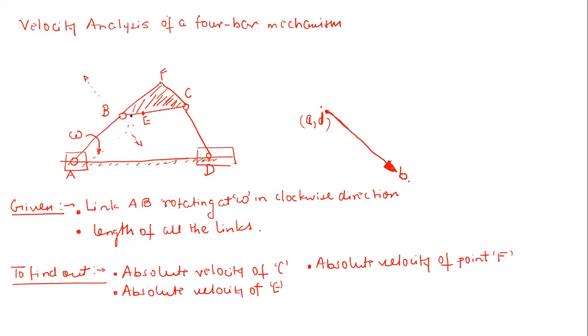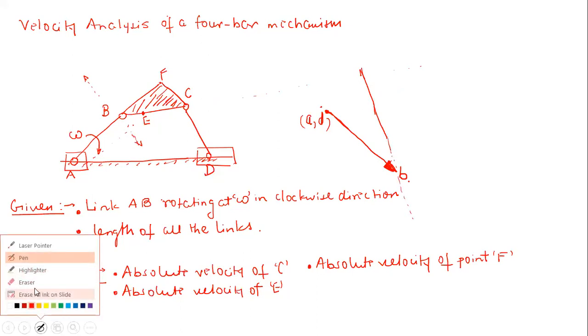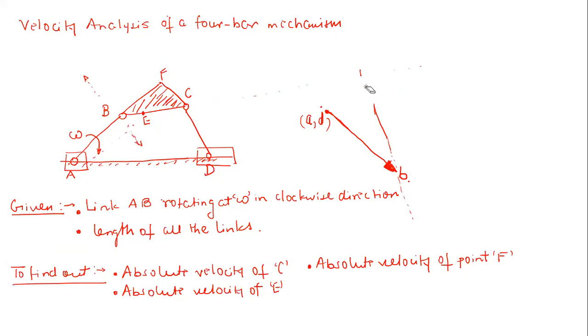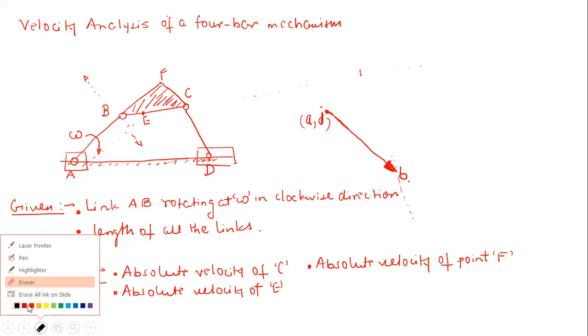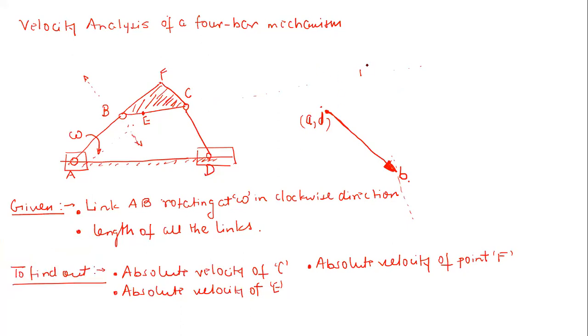And then draw a line which is perpendicular to BC. So let me draw this. This is your BC, and then you have to draw a line perpendicular to BC. Let me first draw this line in a dashed pattern, rather than a full-length solid line.